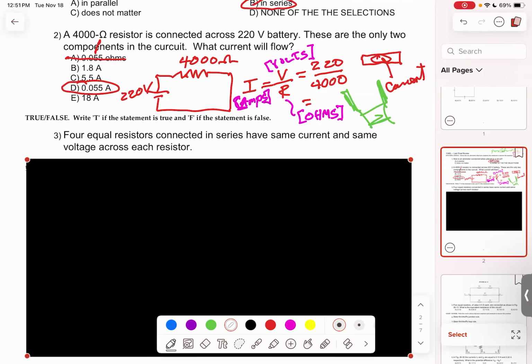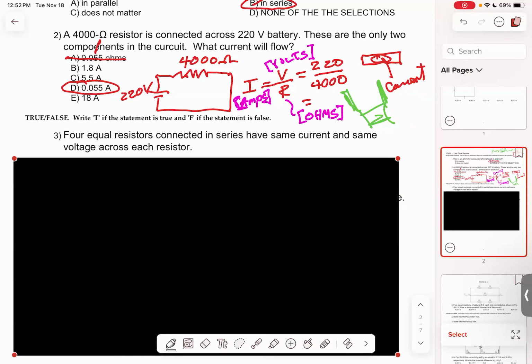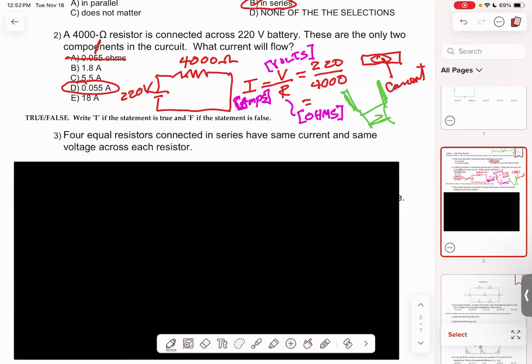Okay, so we have 4 equal resistors connected in series, and they have the same current and the same voltage. So this is a true or false statement. So let's see. We have these 4 resistors: resistor 1, resistor 2, resistor 3, and resistor 4.